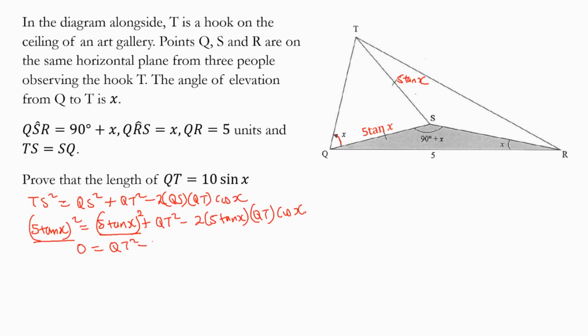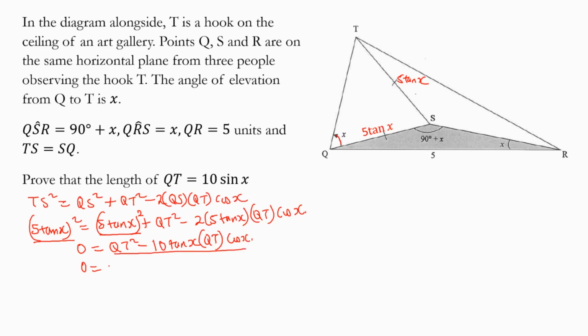Let's just simplify this, 2 times 5, that is 10, so it's minus 10 tan x QT cos x. We have two terms here, and then we can factor out QT.